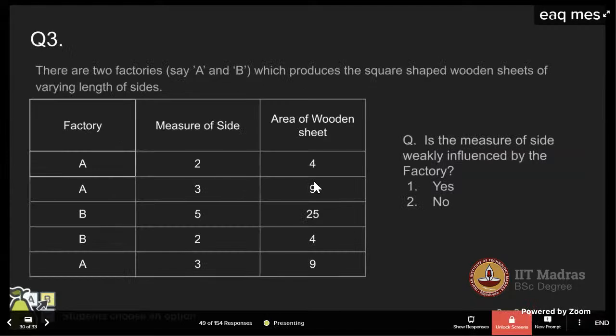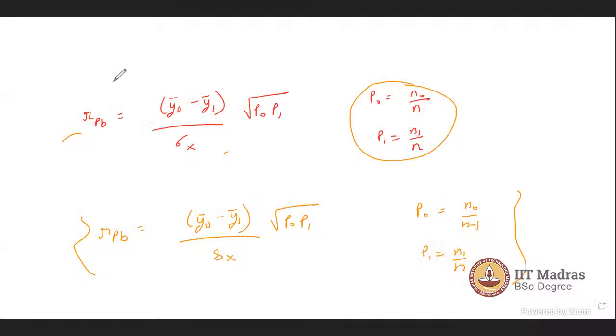Sir, actually, I could not understand this question. Could you please explain this one? Yeah. If I write down the data, it's factory A, B, and A, and the values are 2, 3, 5, 2, 3. Now it's up to you whether you take A as 0 and B as 1 or the reverse. Here I'm taking A as category 0 and B as category 1.